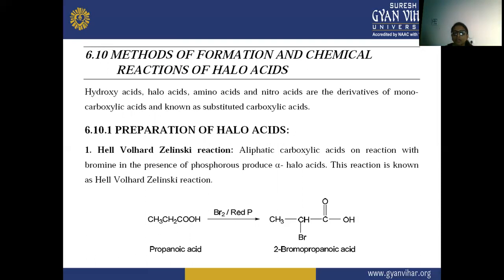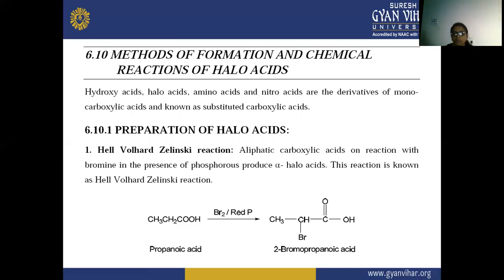They are known as substituted carboxylic acids, meaning there is a substitution on the carboxylic acid chain, and these hydroxy, halo, amino, and nitro groups will substitute the hydrogen from the chain of the carboxylic acid and get substituted in that place.